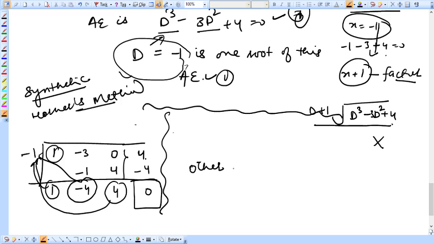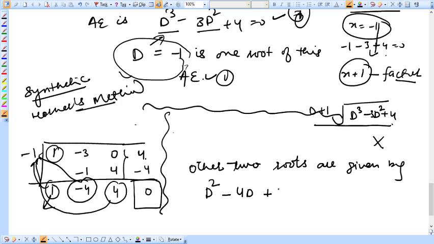The other one we have found out. The other 2 roots are given by these 3 numbers. First, you write d square minus 4d plus 4 is equal to 0. The other 2 roots will be given by this equation.